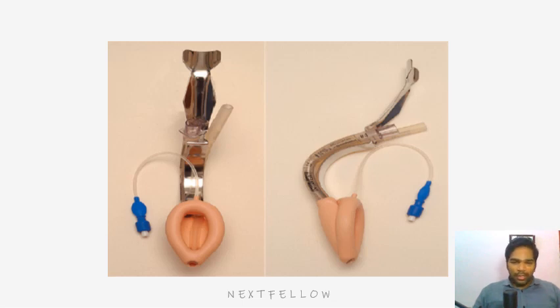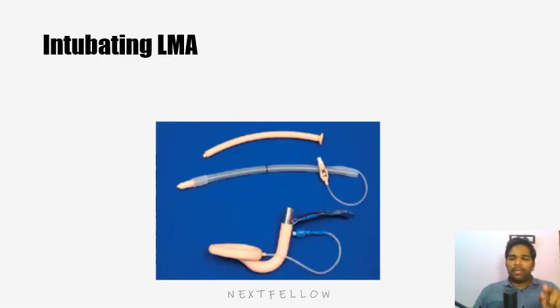Here you can see the cuff on the back side also. So it is a three-dimensional cuff. Cuff is on the front also, cuff is on the back also. The gastric desufflation port won't be present in the intubating LMA. In ProSeal LMA only it will be found. For your convenience, I have shown the intubating LMA also in the slide. Here everything is in the same color. But in ProSeal LMA we have two tubes.